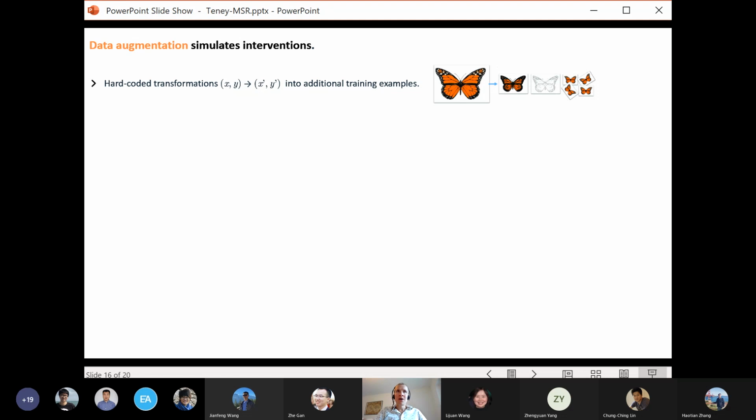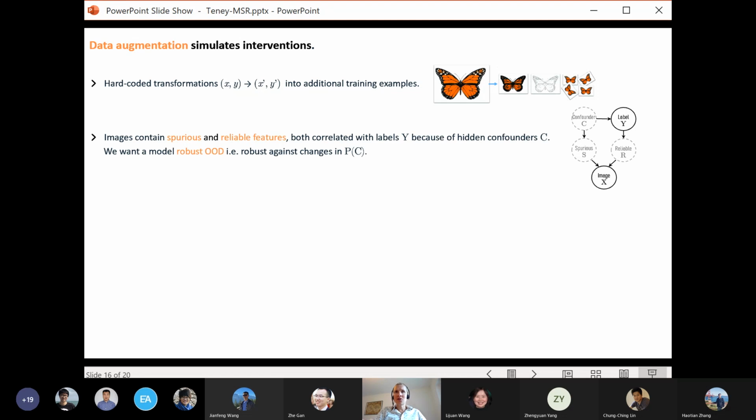You all know that, but what's interesting is taking a causal view. Let's say with images, we can formalize the data generating process with something that looks like the graph here. This graph shows that images are made of both spurious and reliable features. They are both correlated with the labels because there's a hidden confounder here, noted C. This confounder is not observed.